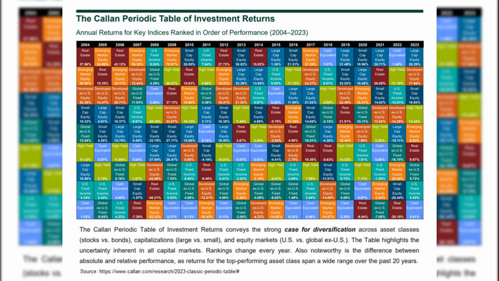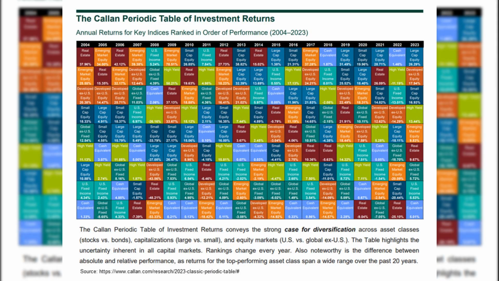It looks like chaos at first glance, and that's precisely the point. Each color block represents a different asset class, and each column shows its ranking by performance in a given year. What you'll notice immediately is that no single asset class consistently stays at the top or the bottom. One year, emerging market stocks might lead the pack, only to fall to the bottom the following year.